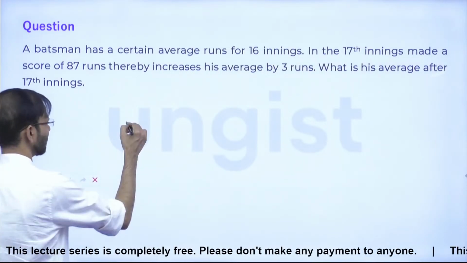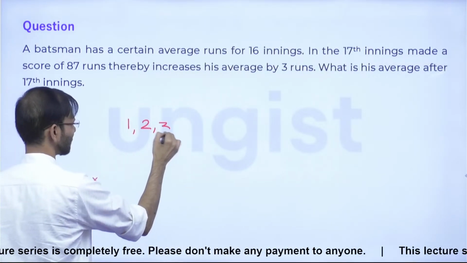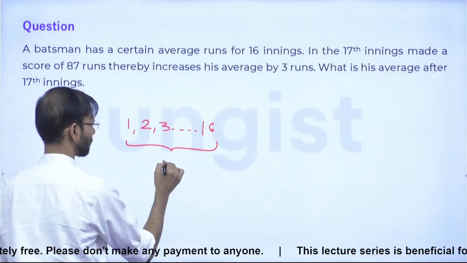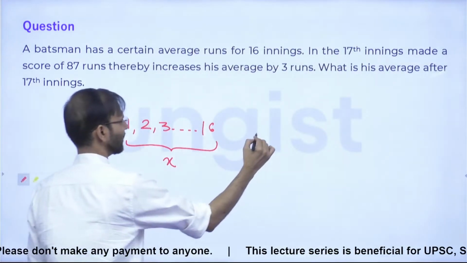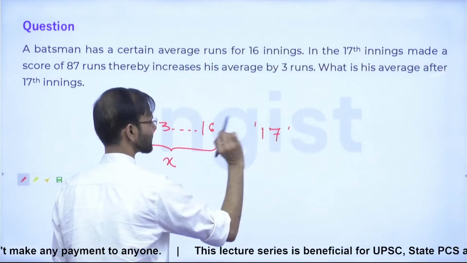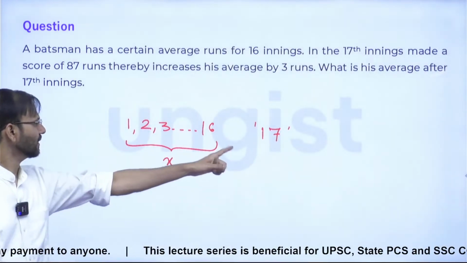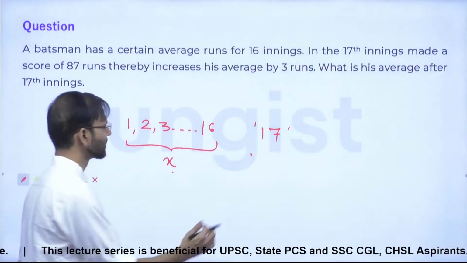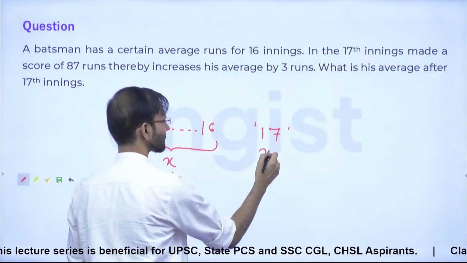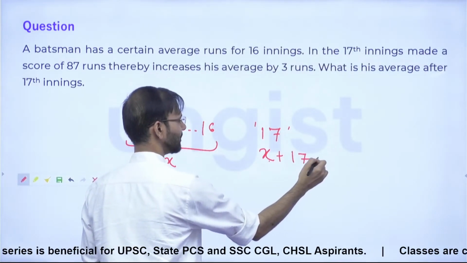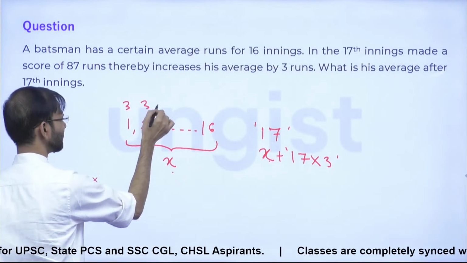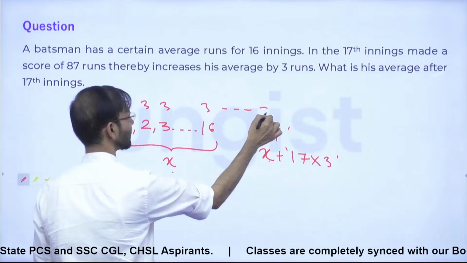See, initial 16 innings. Let's say these are the first 16 innings. We don't know what the average is, so assume X. In 17th innings, he has scored his X, the old average, plus how much extra? 17 into 3 extra. Why? Because he has contributed 3, 3, 3, 3, 3 to all these 17 innings.